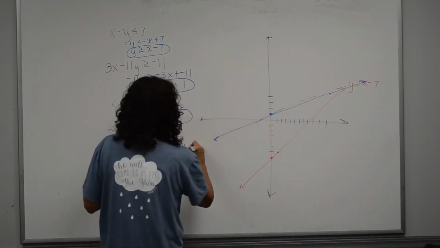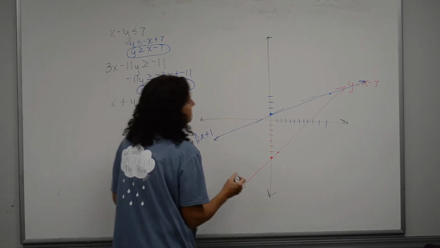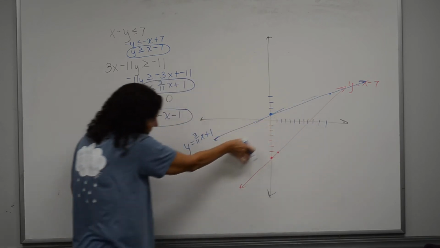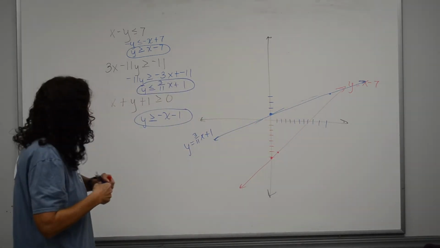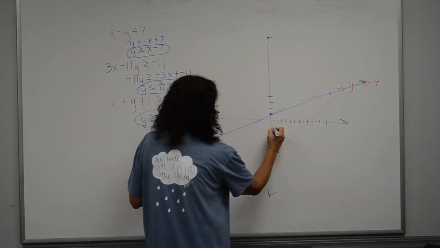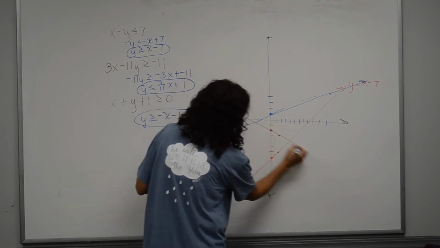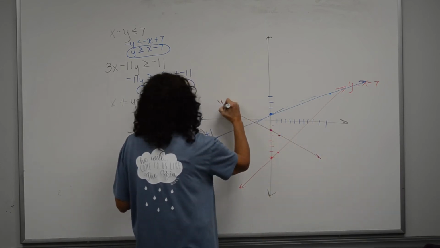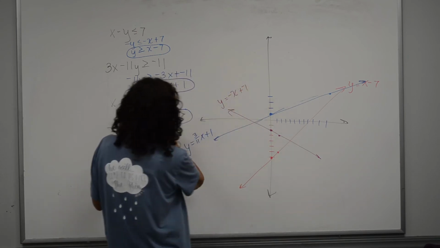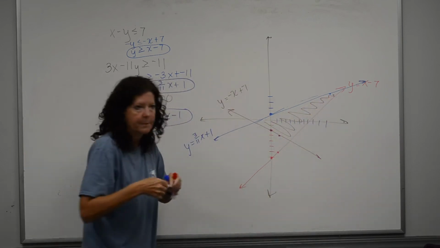Okay, so I have y is equal to 3 over 11x plus 1. So then that's less than that. So right now I'm talking about this strip right here. Okay, then the third one is -1, and I'm going to go down 1 and to the right 1. And it's going to be above that line, so I'm talking about this triangle right here, right?